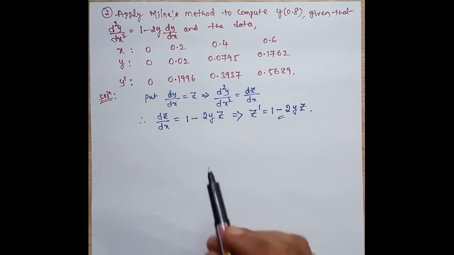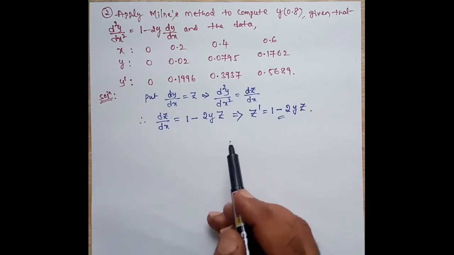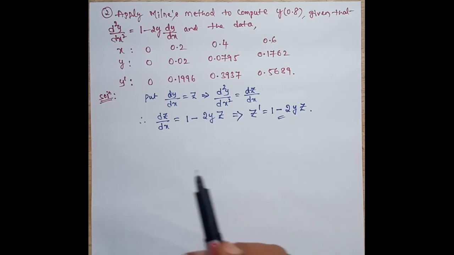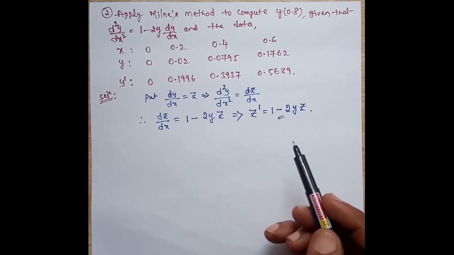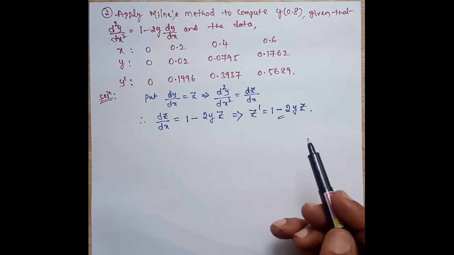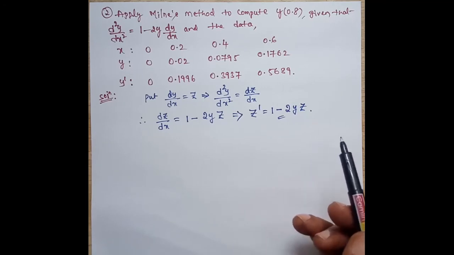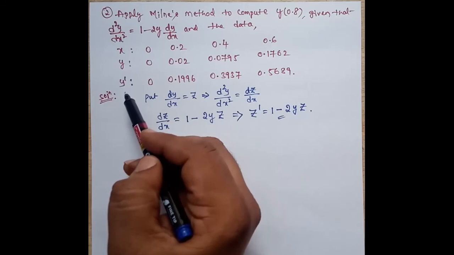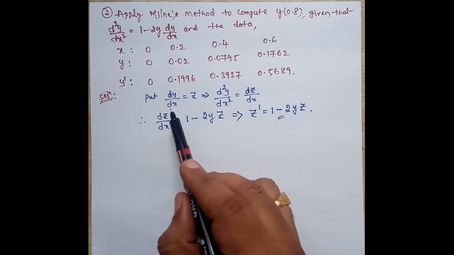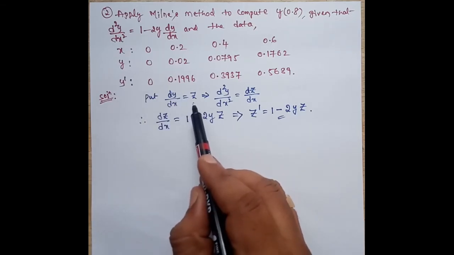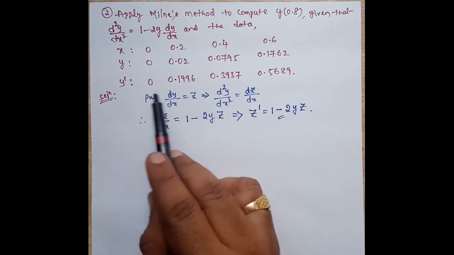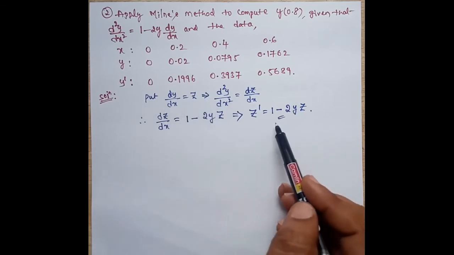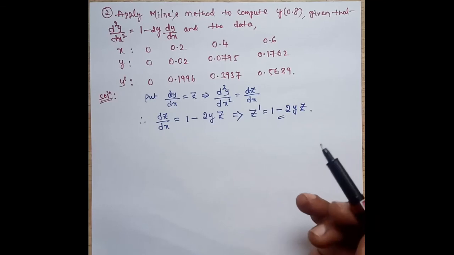Once we have reduced the problem to first order, in the same step you have to construct a relevant table for the data. You have to write a data table consisting of the values of x, y, y dash, and y dash means z. Y dash is dy by dx, and dy by dx we have taken as z. So these are the z values, and then z dash. Let us construct the table.